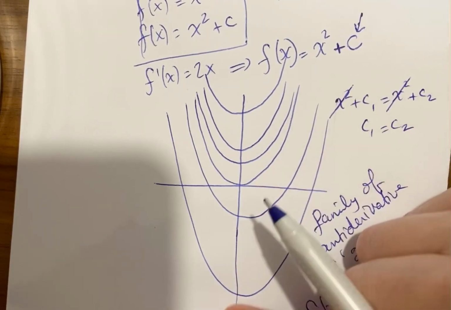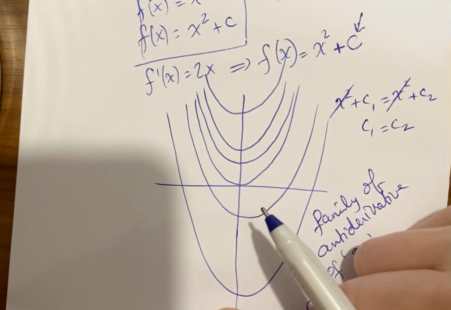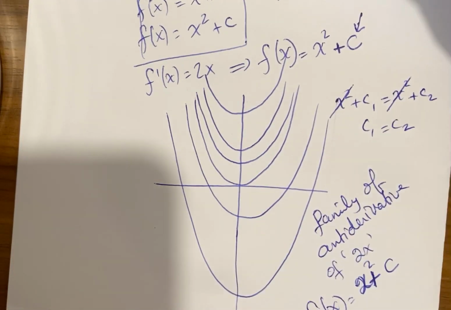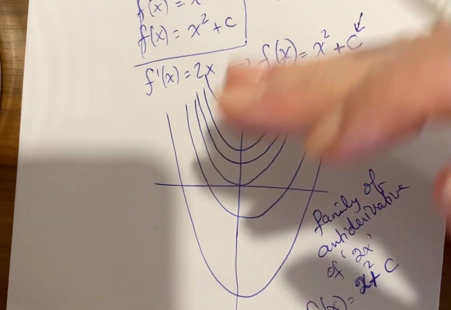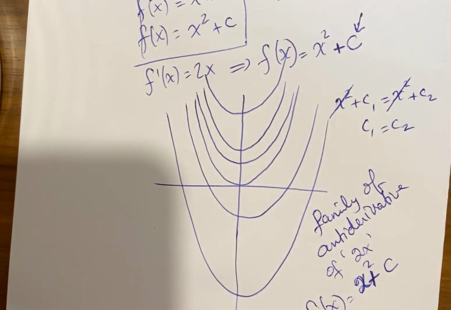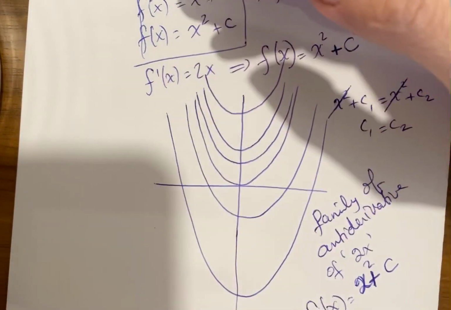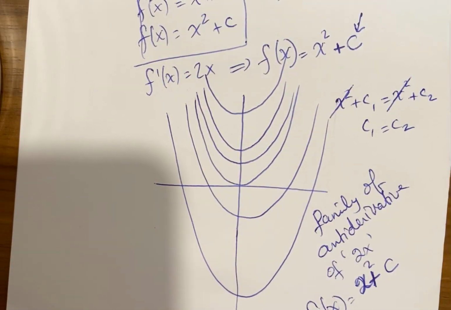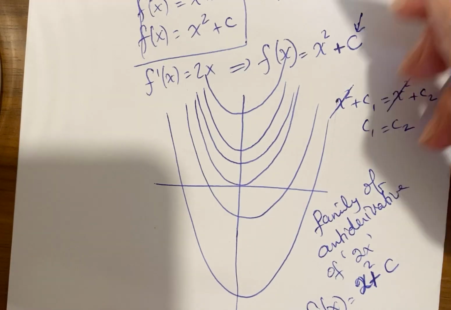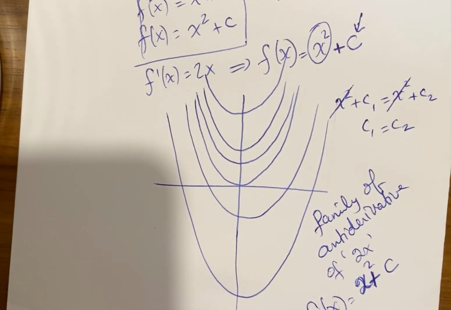As I said, those functions never meet. They have the same shape, the same size, the same everything, but they are either shifted up or down. Either you add a constant so you shift up, or you subtract a constant so you shift down. That's why the antiderivative is not just the basic function that you might think of.